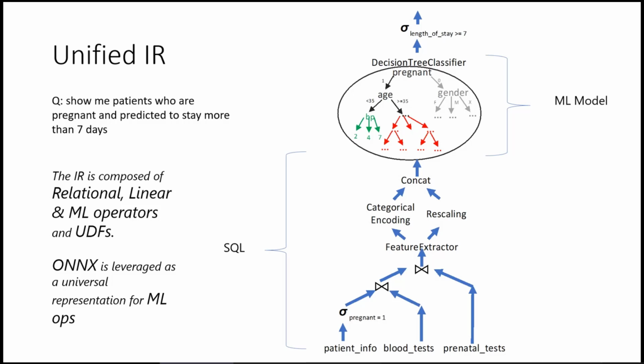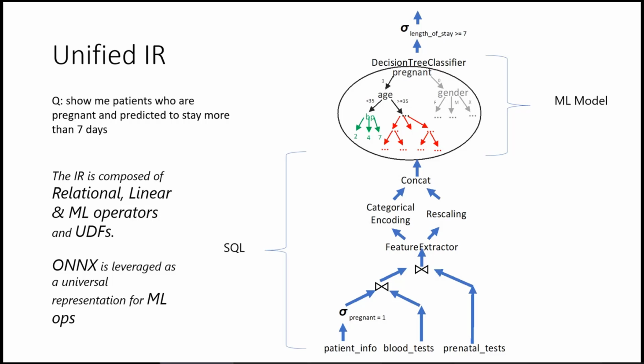And so Raven's first step of constructing this unified IR is as follows. We have your regular SQL query. So you can consider the previous query without the predict part is what would be at the bottom of this graph. And on top is the machine learning model. And the key insight is that your machine learning model represented in Onyx format can also be represented as a graph.